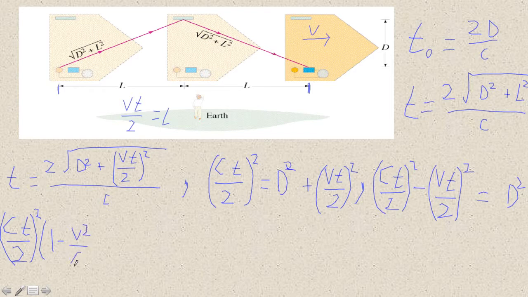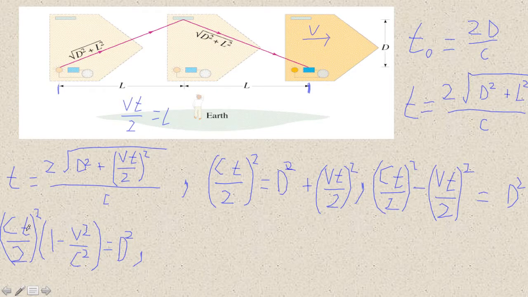You gotta draw that very slowly. And that equals d squared, right? So many squareds.